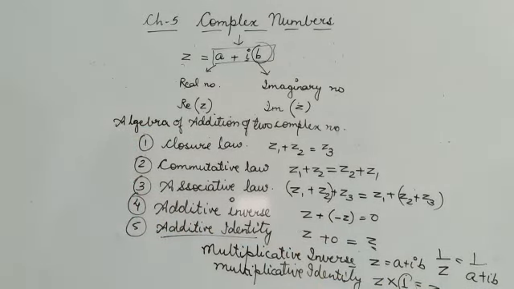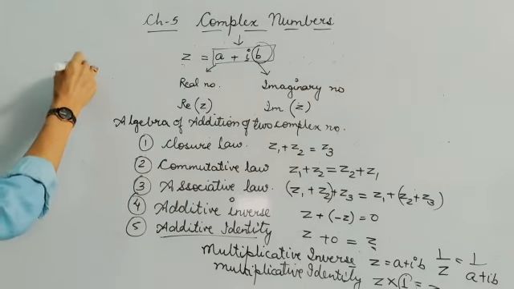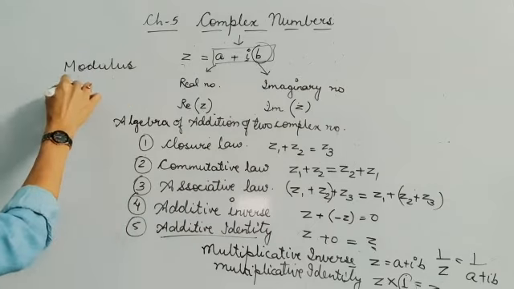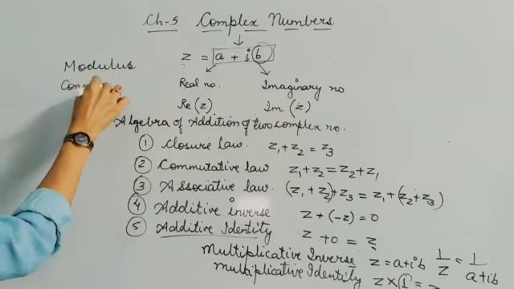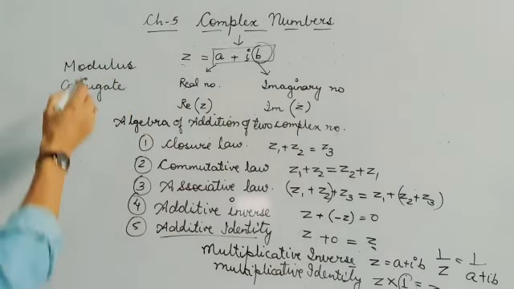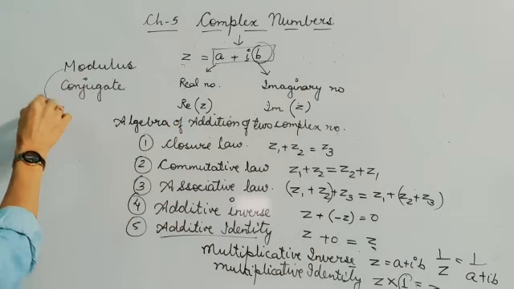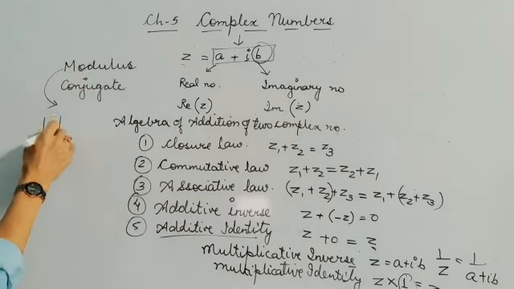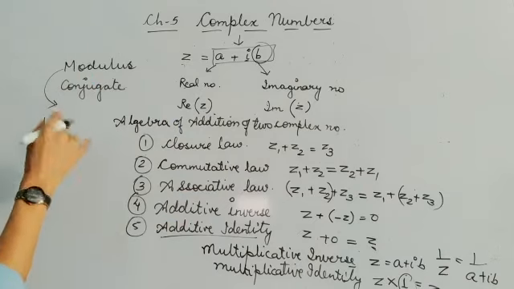Now children, I am going to introduce you to two words. One is modulus and another is conjugate. You are going to use these two words many times in this chapter. So first of all, let's know about modulus. Modulus is the resultant.